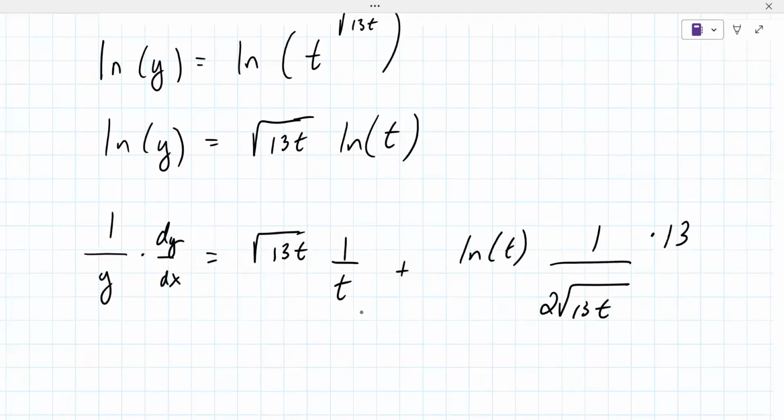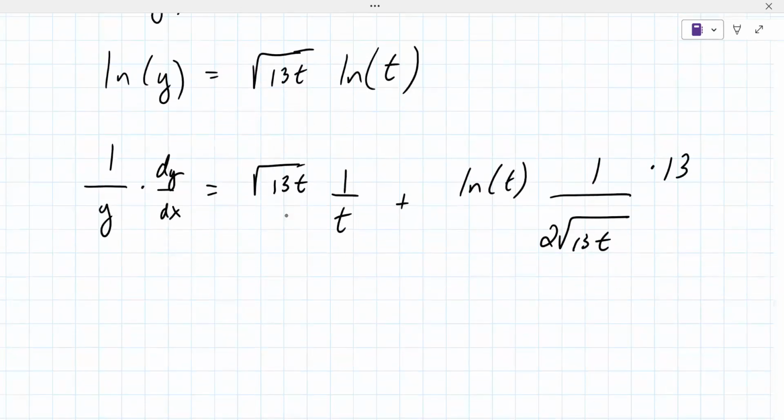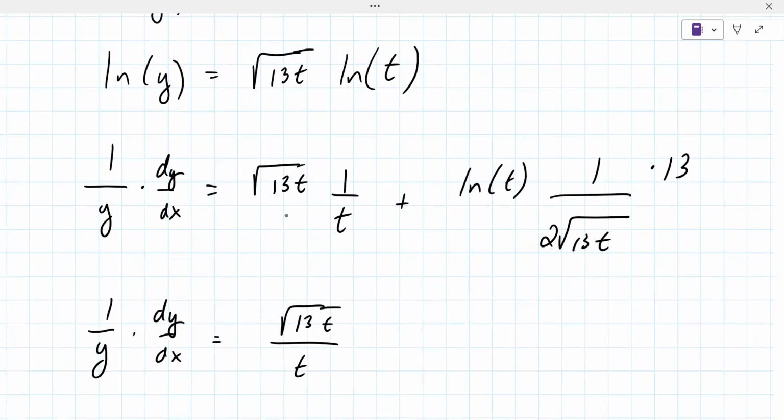I'm just doing it for you, but keep in mind, there's a lot that goes into being able to do something like this. So it's 1 over y times dy dx equals square root of 13t over t plus 13 natural log t over 2 square root 13t, like that. And then you're solving for dy dx.